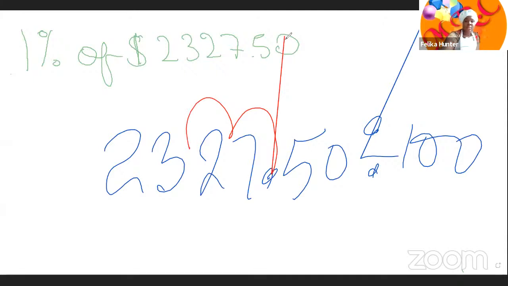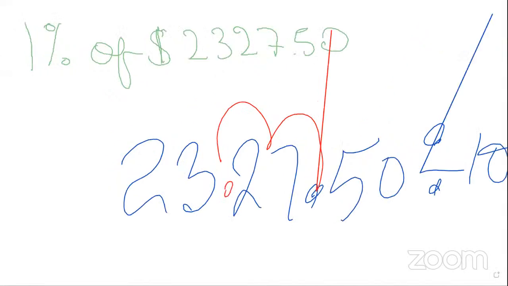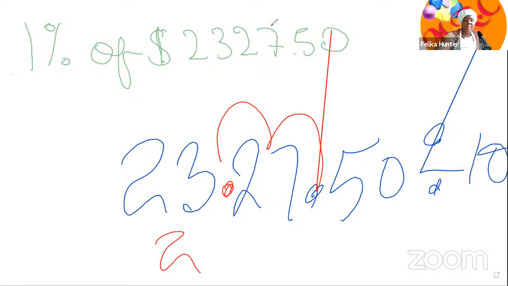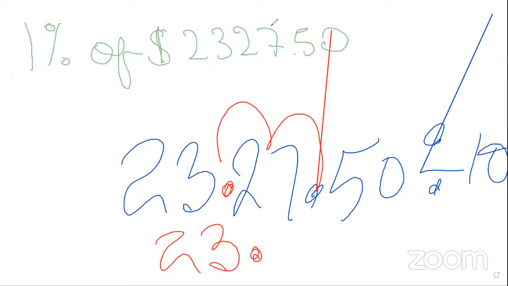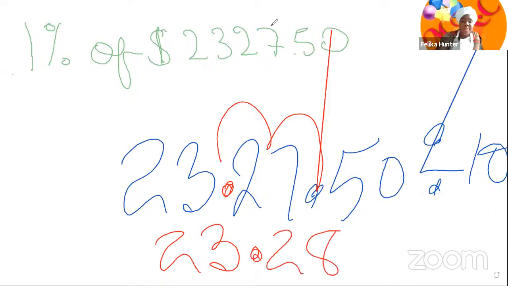So can someone tell me what my answer is going to be? Remember we're dealing with dollars and cents, so how many decimal places must we round off to? So it is 23.28.